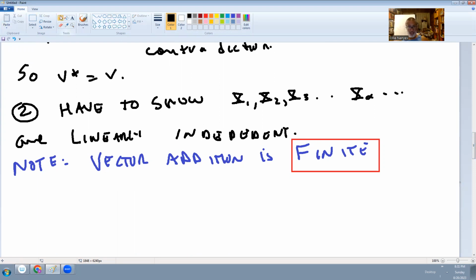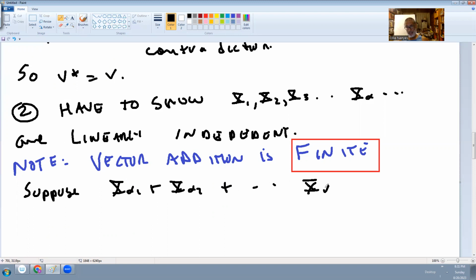So given that that's finite, what we can do is choose vectors. So suppose x sub alpha 1 plus x sub alpha 2 plus x sub alpha k, some finite number, times scalars, alpha 1, alpha 2, all the way out to alpha k, let that be the zero vector.